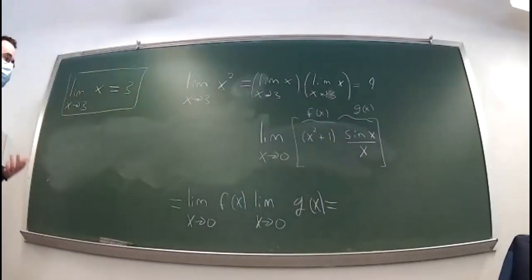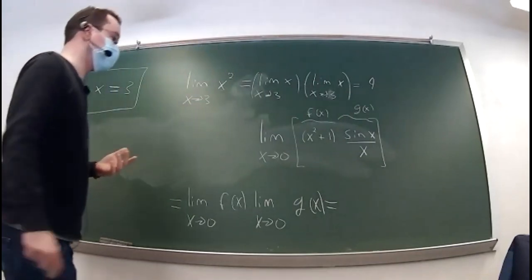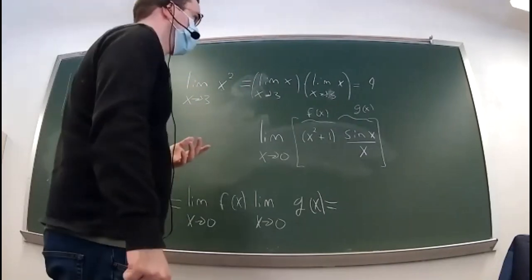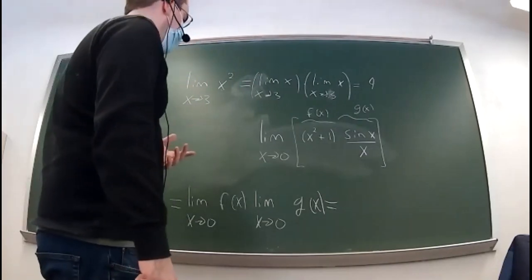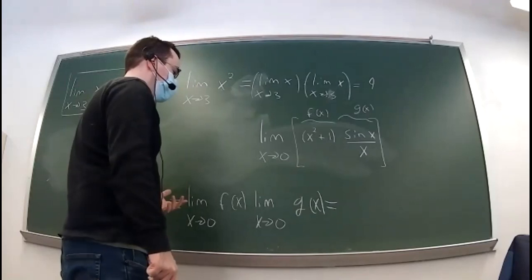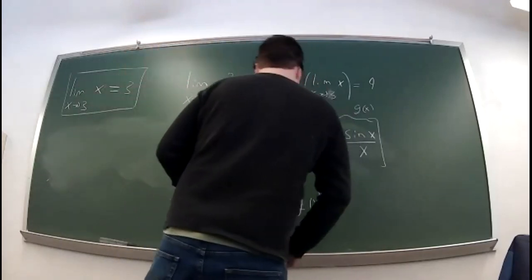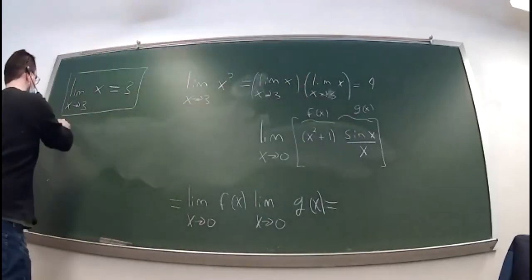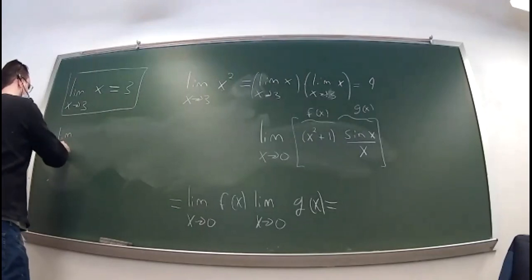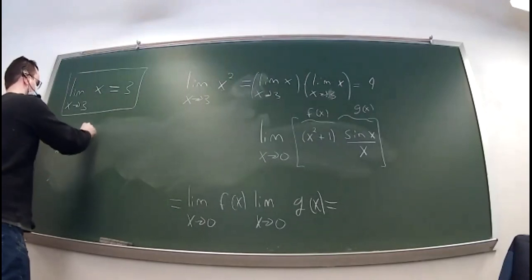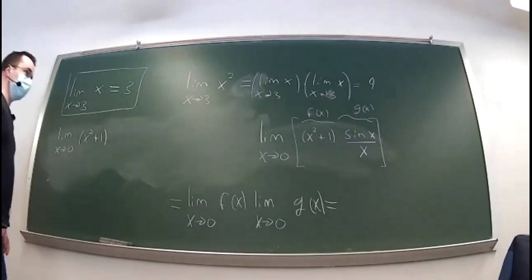So I've reduced the problem to calculating each of these limits individually. Now, what about this limit as x goes to 0 of x squared plus 1?